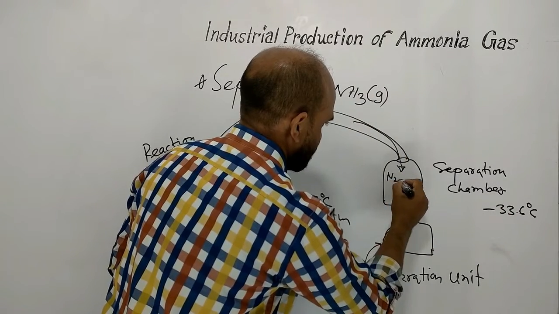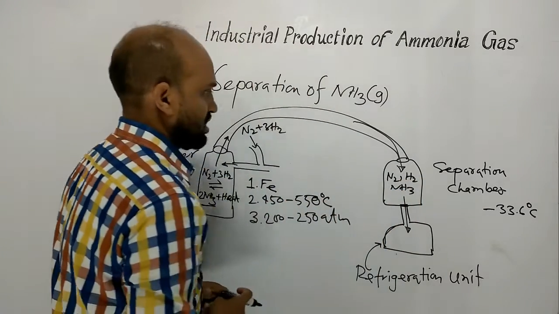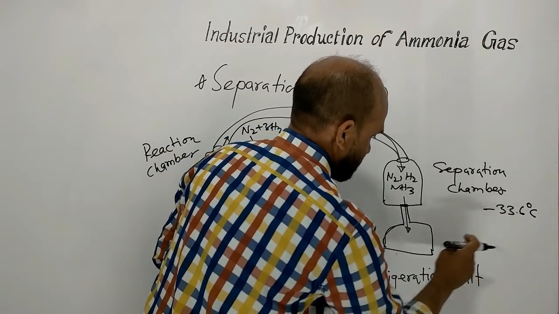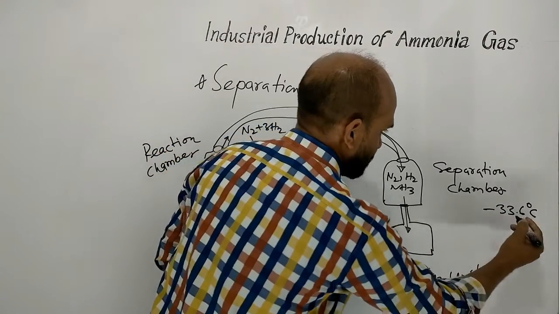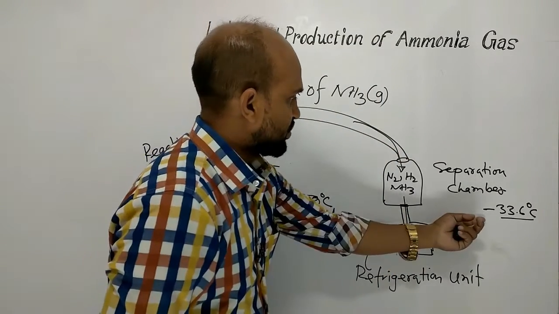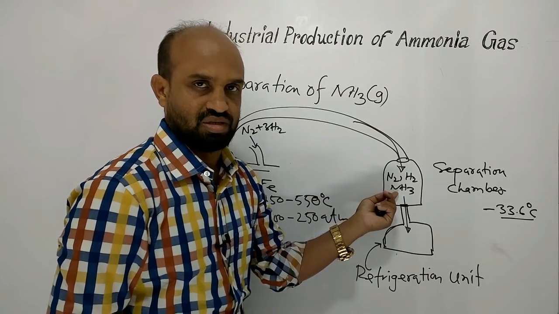Here nitrogen, hydrogen and ammonia gas came already. When the refrigeration unit is cooled to this temperature, this is the temperature at which ammonia is condensed.